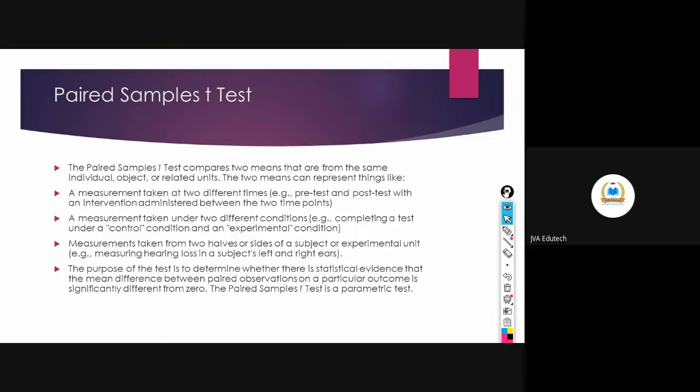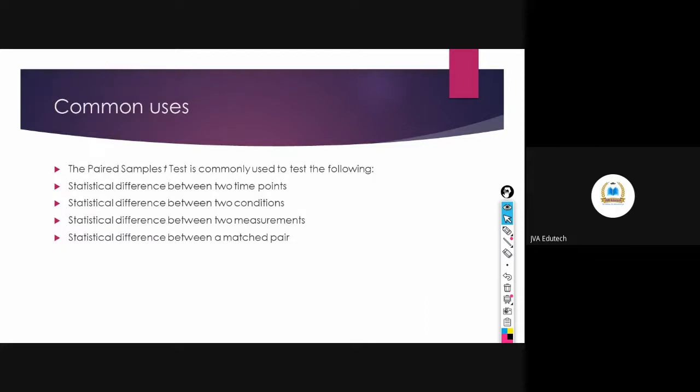So this difference between paired observations on a particular outcome is significantly different from zero or not. Significantly different from zero means they are significantly different from each other or not. And this paired sample t-test is a parametric test because the thumb rule or the assumption of normality has to be met in the outcome variable.